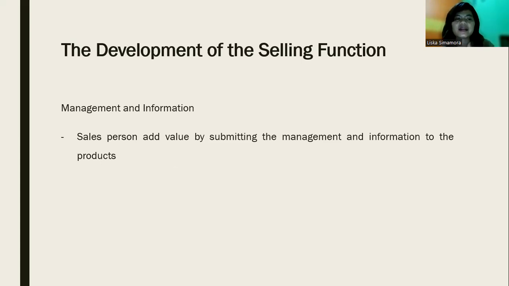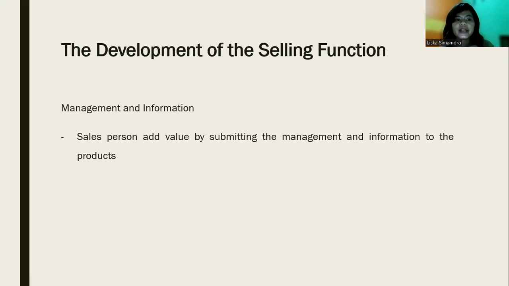There is some management that has to be applied to the business, and the advance of technology will affect the information. So there is development, another development of the selling function. So this management and information is adopted as added value for the product of a particular company.